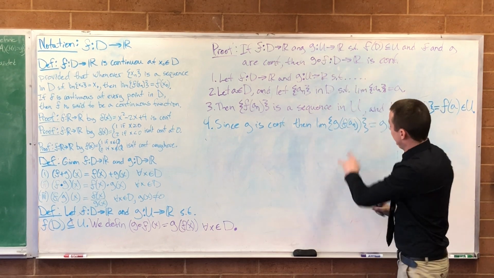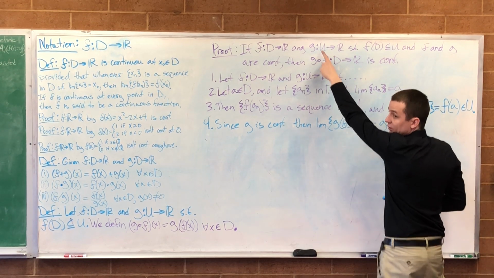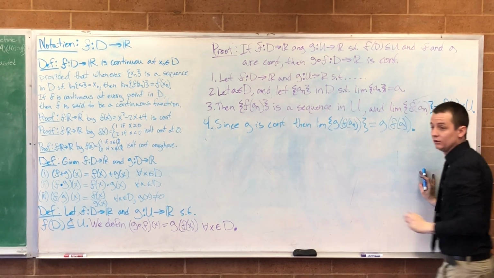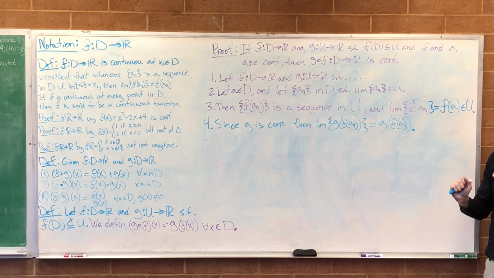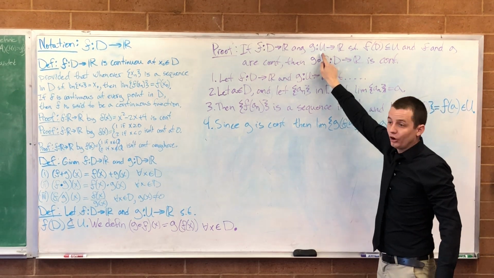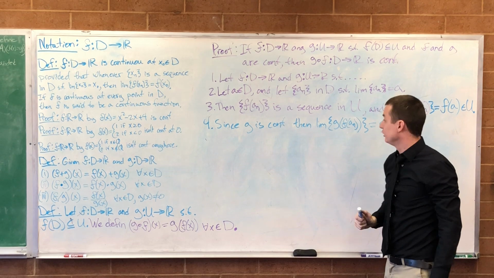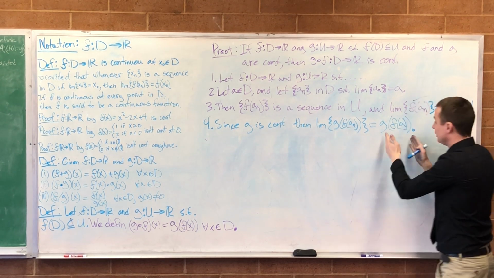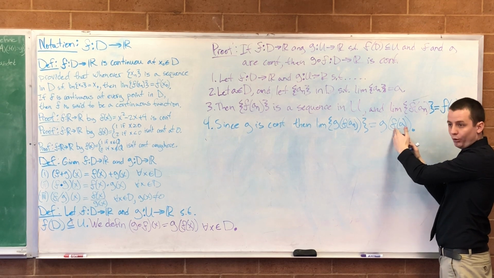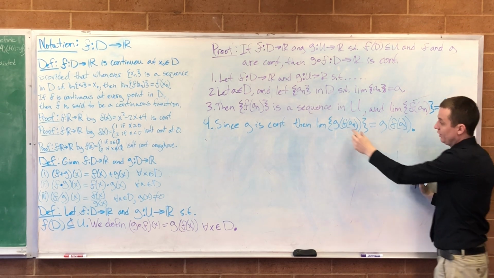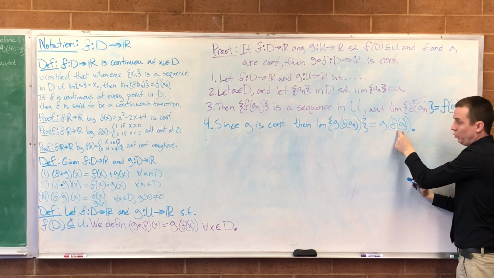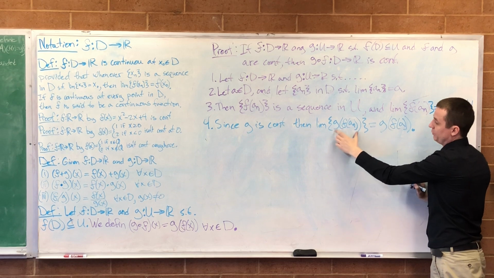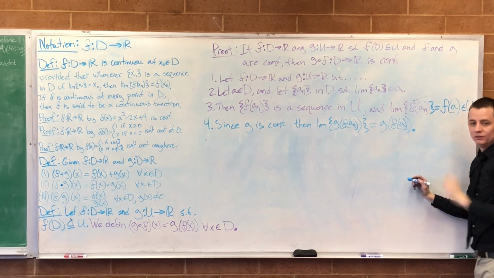G is from U to R. I know f of an is in U, and it's a sequence in U that converges to f of a, which is in U. A function is continuous if for any point in its domain, and any sequence that converges to that point, the image of the limit of the sequence is equal to the image of the point. Here's a sequence. Here's a point. I know that this sequence converges to this point. Therefore, the image of the limit of this sequence is the image of this point.